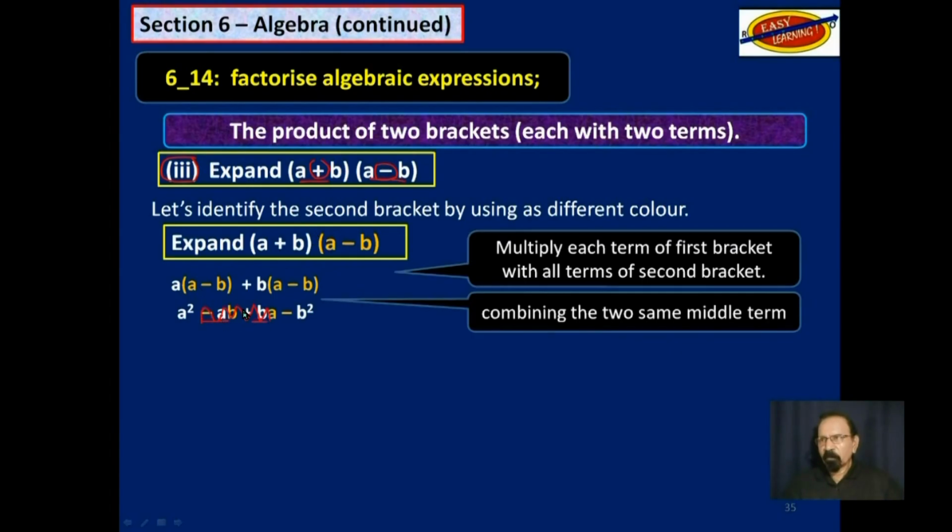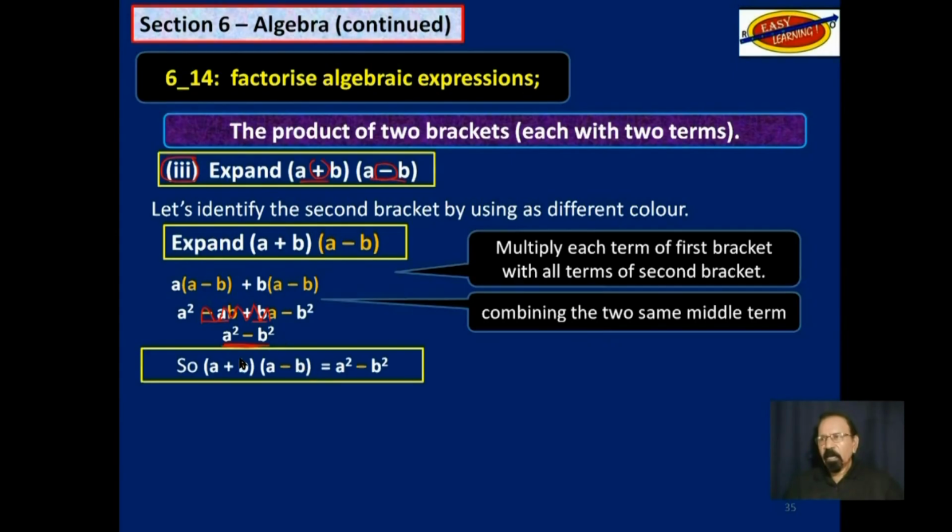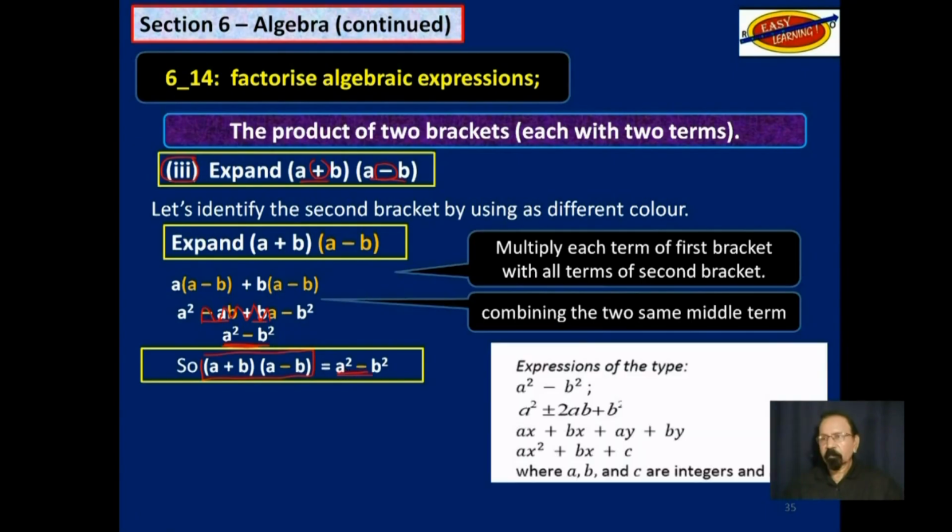That part will become 0. So you are left with a squared minus b squared. So if you ever see an expression that says a squared minus b squared, and you need to factorize that, it is (a plus b) multiplied by (a minus b). And this is what you get when you expand it.